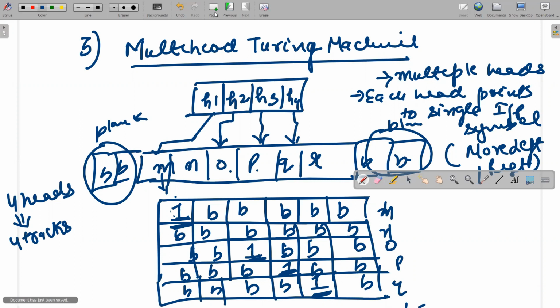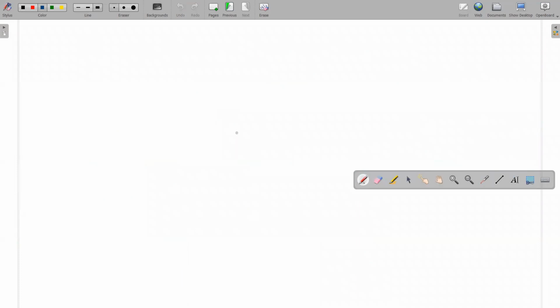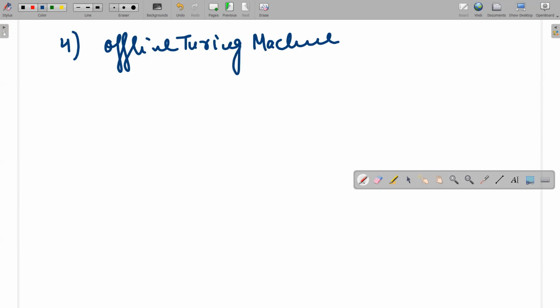The next Turing machine that we have is the offline Turing machine. Guys, if I talk about the offline Turing machine, you need to remember this thing.